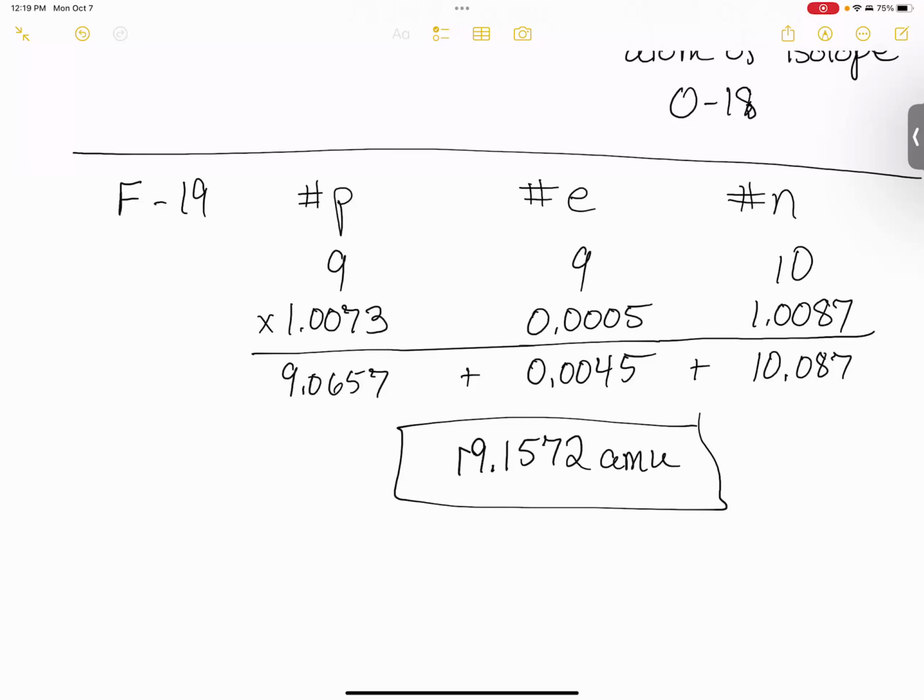And if you have 10 neutrons and each neutron comes in at 1.0087, that means that the neutrons contribute 10.087 total. So when we add all the protons and all the neutrons and all the electrons together, you get the mass of an atom of an isotope.